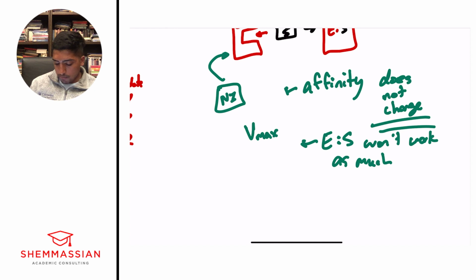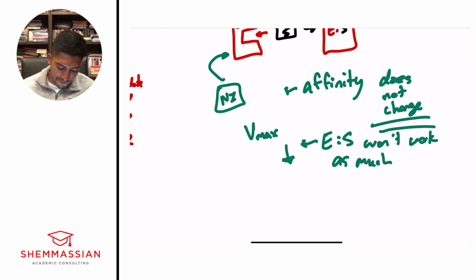If our enzyme and substrate don't work, then our max rate of enzyme substrate binding together and producing this function is going to go down. Our affinity, so the ability of this enzyme and substrate to match together, is not going to be changed. These enzymes and substrates are fitting together just like they usually are. They're just having this alternative thing binding to it and preventing it from activating.